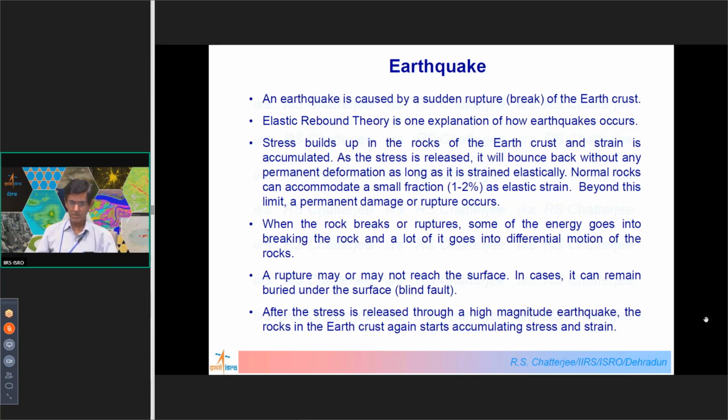Generally it reaches the surface, but sometimes it does not, and in such cases it remains buried under the surface, and it is known as a blind fault. When the rock ruptures and the earthquake occurs, the stress is released. And after a high magnitude earthquake, the rocks in the earth crust again start accumulating stress and strain.